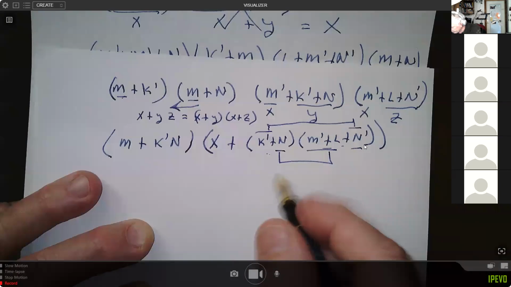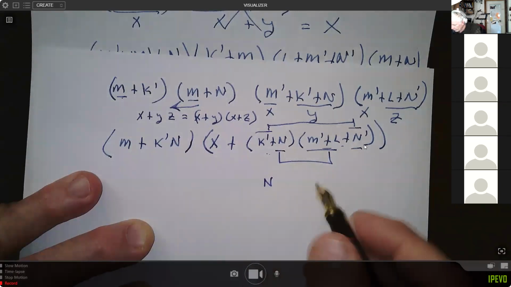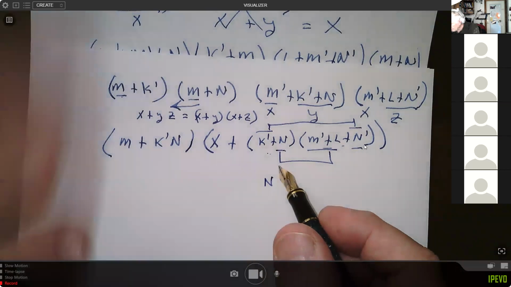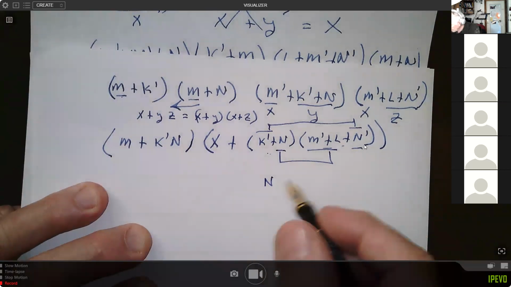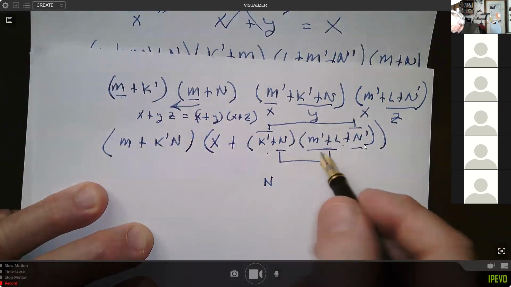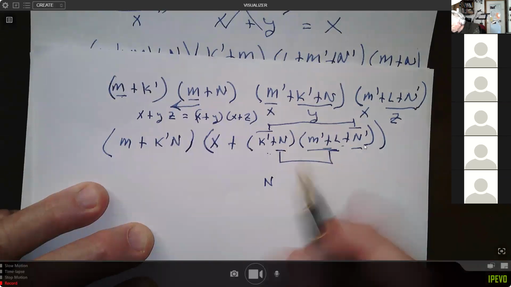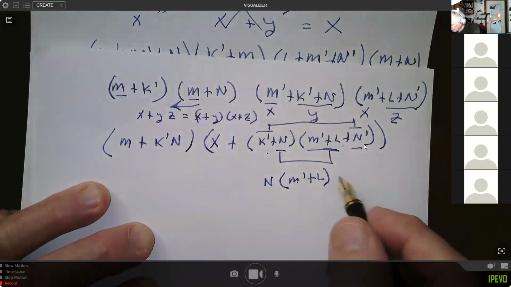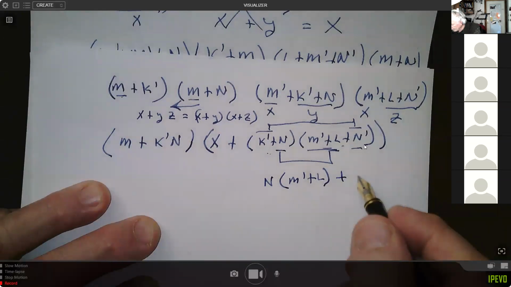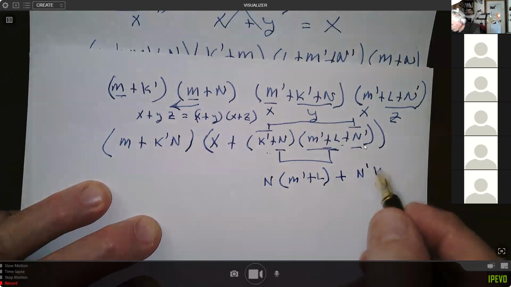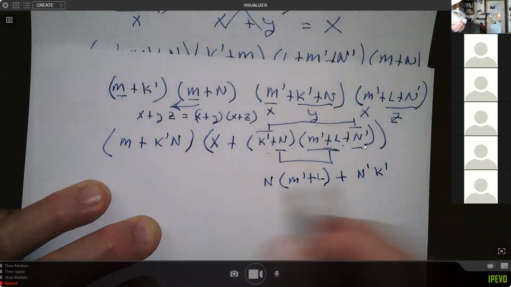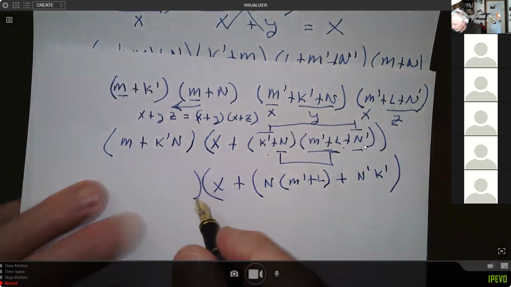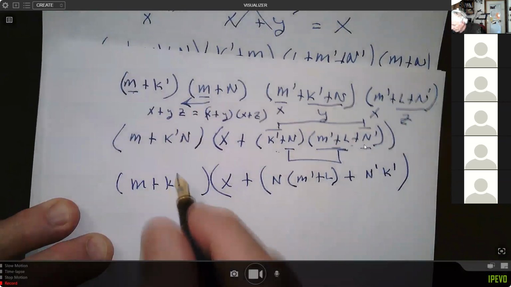That's going to give us N times this whole thing here, N times M prime plus L, plus N prime times K prime. And so we've got all this here now, and still X plus that times M plus K prime N.